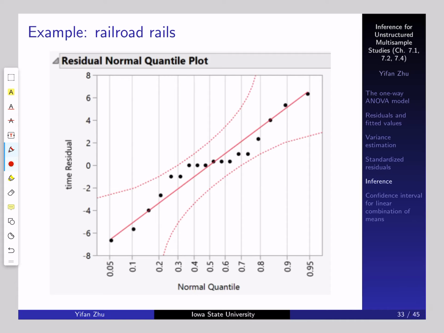The next thing is that we also want to check the normal assumption using a normal QQ plot. This is the normal QQ plot of the residuals, because you assume that the epsilon ij's should be normal with mean zero and variance sigma squared. So the residuals eij should also have an approximate normal distribution. From this QQ plot, you can see that there is also kind of a violation of the normal assumption.